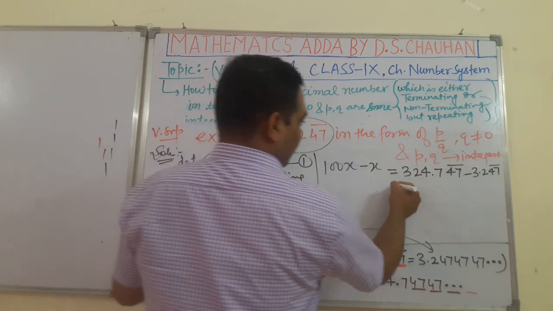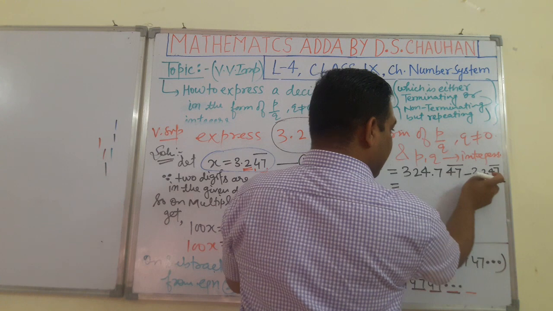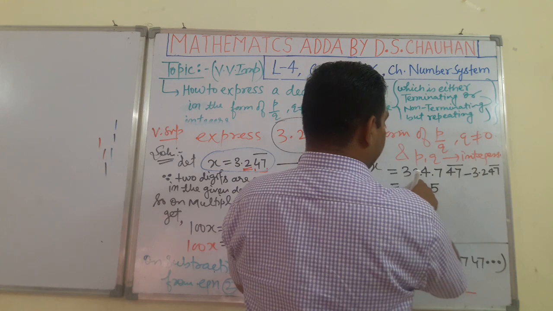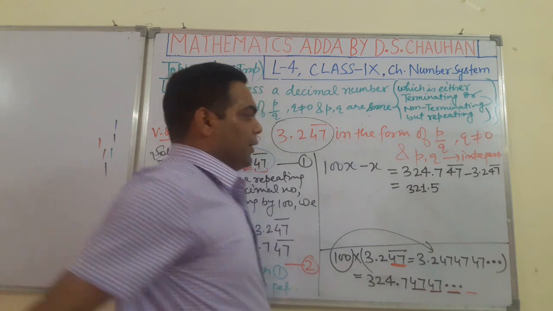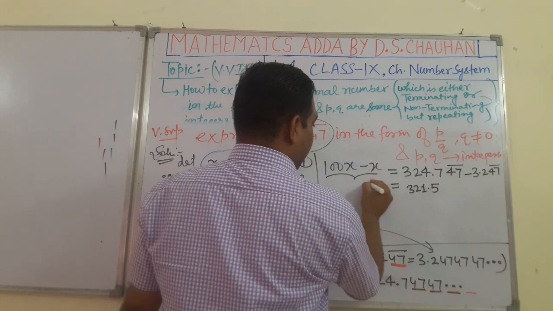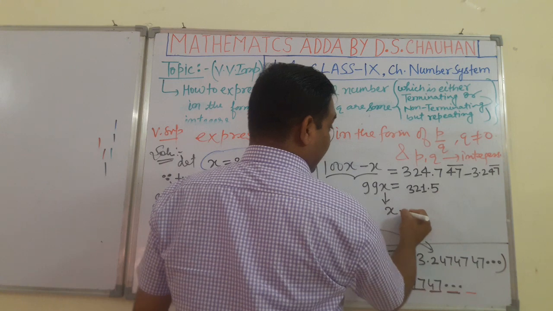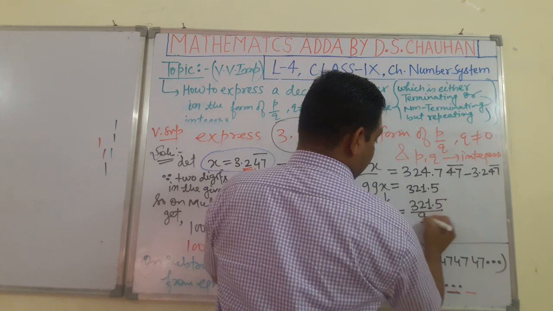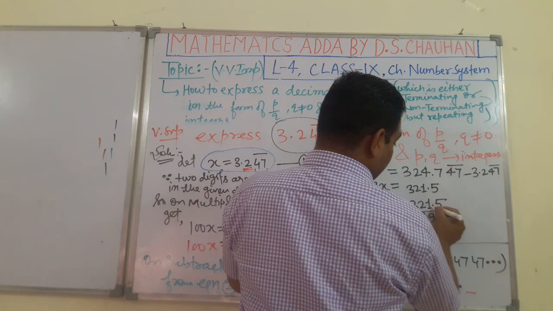See, as you subtract, what will you get here? 47 bar minus 47 bar gives you 0. 7 minus 2 gives you 5. And 324 minus 3 gives you 321. Okay students, now you will get 99x. So what will be x here? x could be 321.5 upon 99. As you cut the decimal here, what will you get?